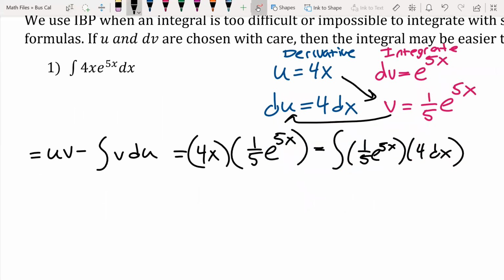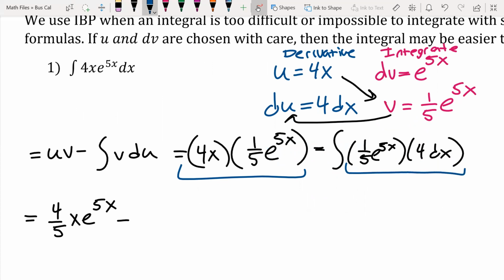Let's go ahead and clean this up a little bit. We'll start with the first term. This 4x times 1/5 e to the 5x becomes 4/5 x e to the 5x minus, and now we're going to go ahead and clean this up.